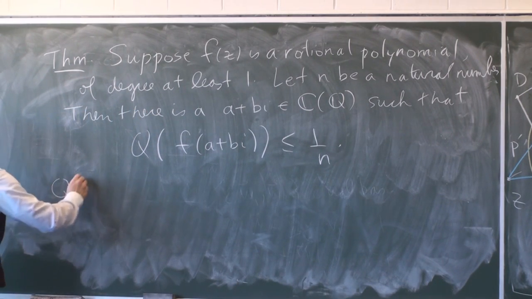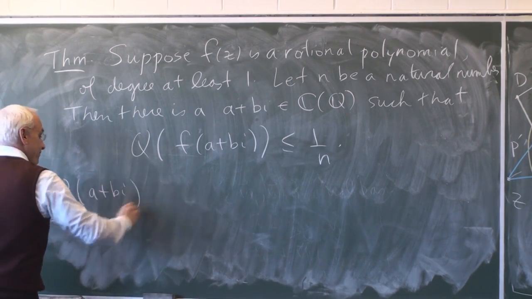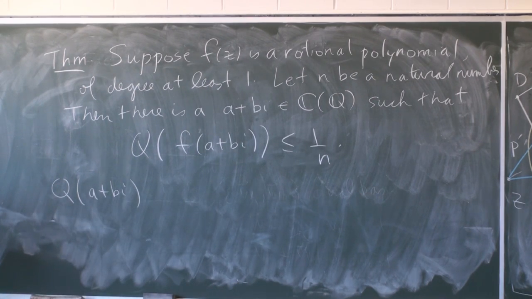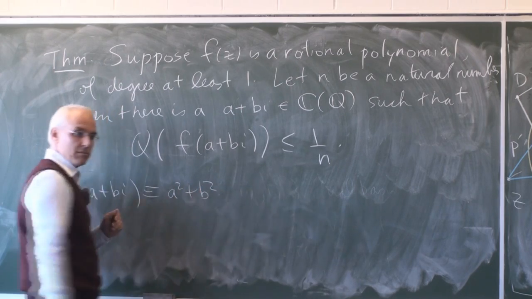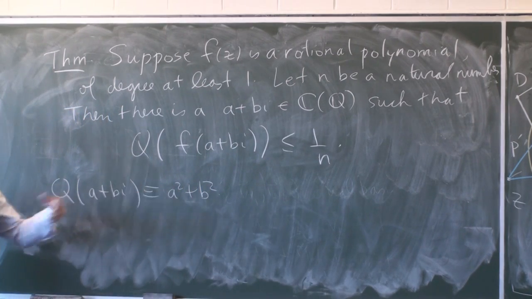Where, I remind you, the quadrants of a complex number a plus bi is a squared plus b squared. It's more natural to work with this than the length of the vector because this is an algebraic quantity.